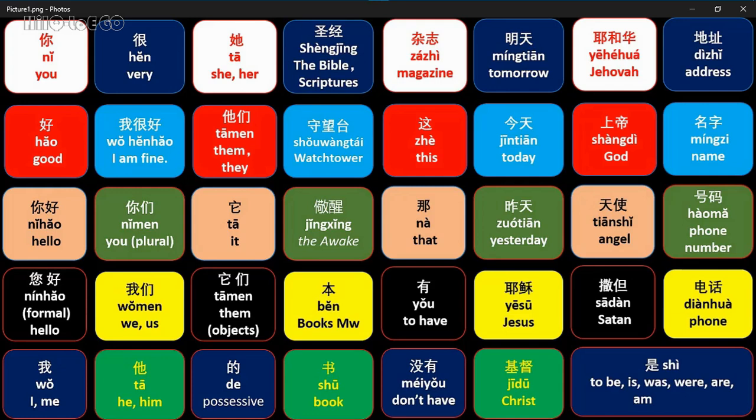So you see, you now start to speak Chinese. If you meet up with a person and you want to ask if they have something, it's as simple as that. 你有这个吗? 你有那个吗? If they have, they go 我有. If they don't have, they say 我没有.